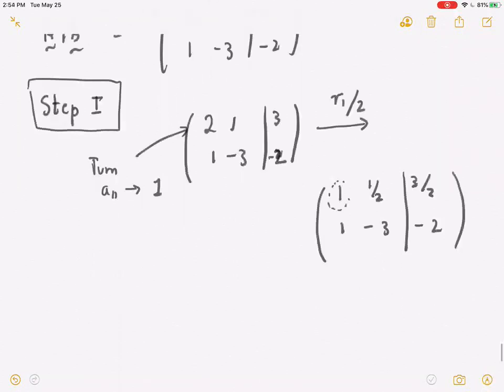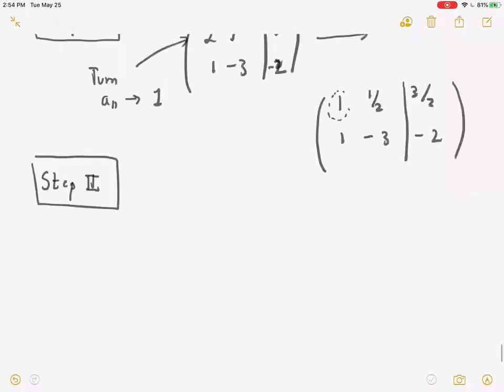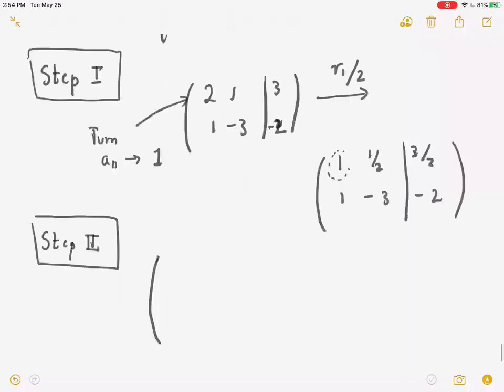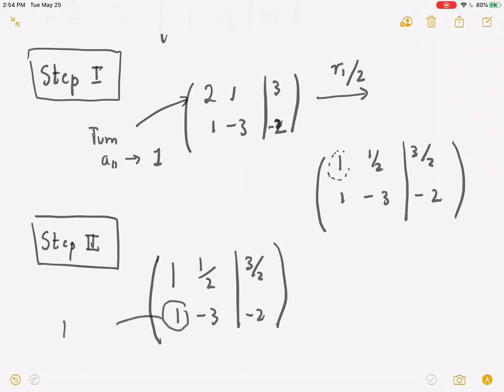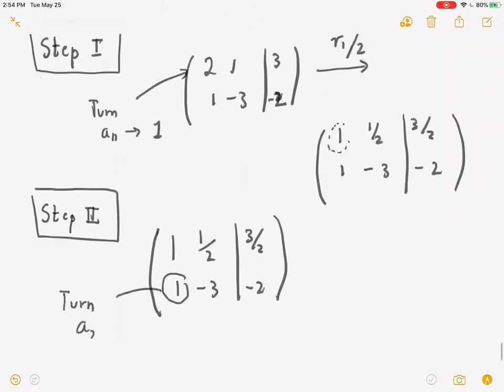Okay, the next step in the Gauss-Jordan elimination scheme or approach is to take what you got from step 1 and now replace the 2, 1 matrix element by 0.